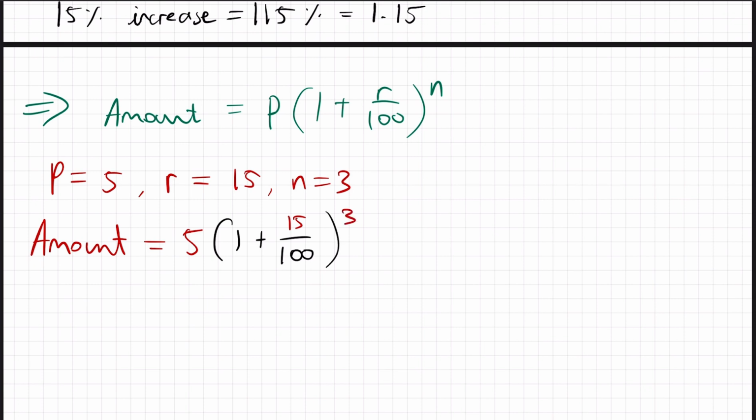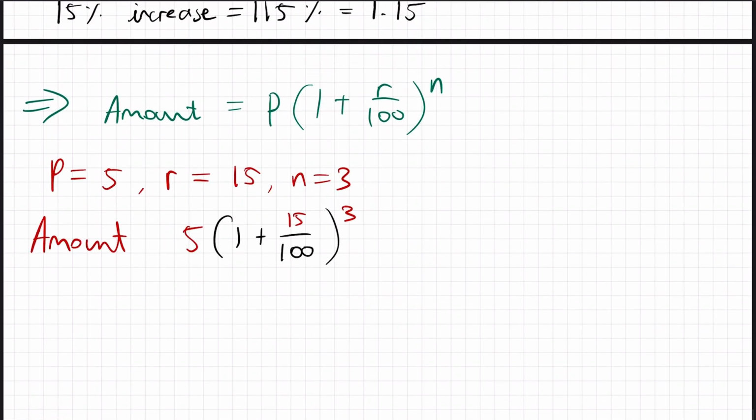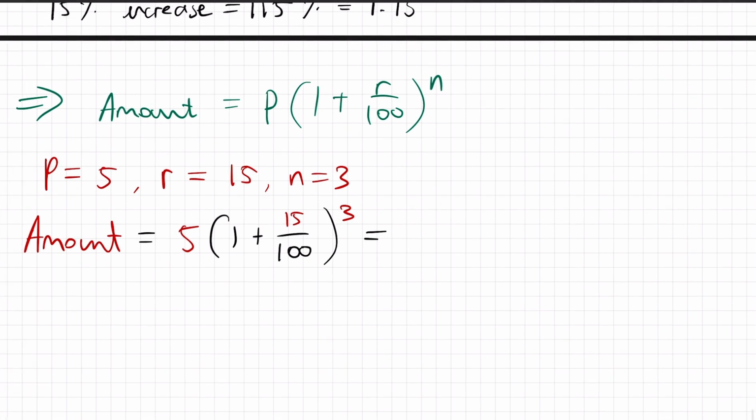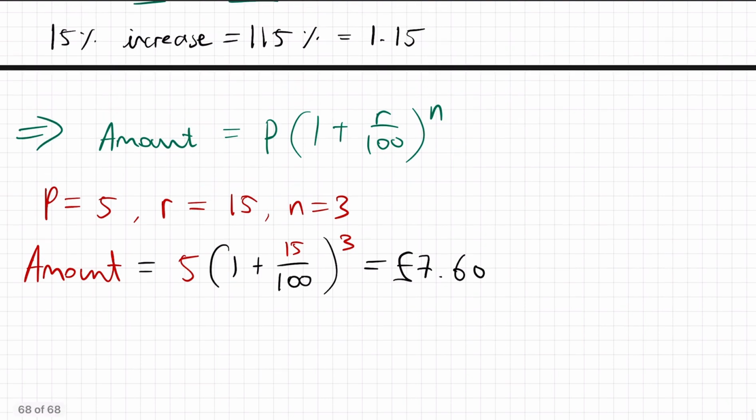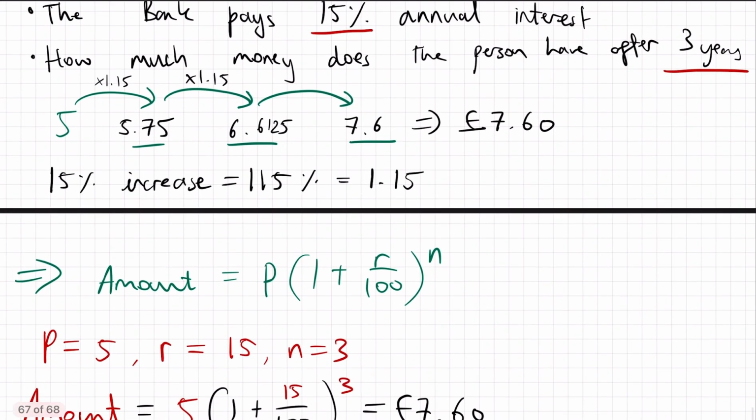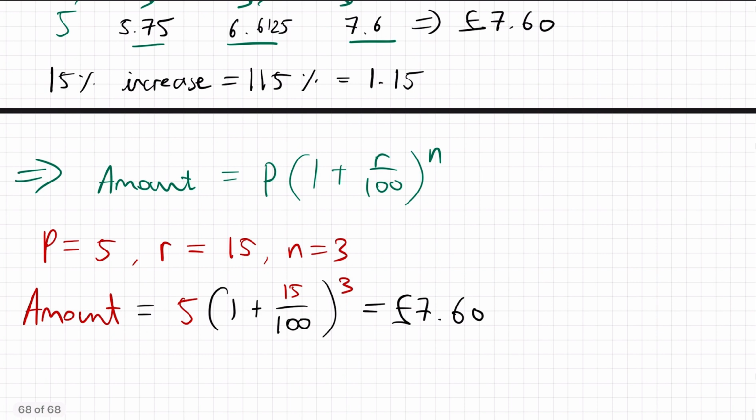Let me just fix the colors. And we can type this into a calculator. We should get the exact same result as we got previously. So let's see if we do. And yeah, we get about 7.6 pounds, or £7.60. So there we go. That was nice and easy.